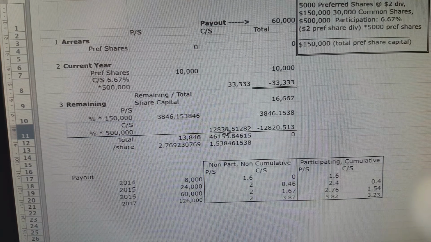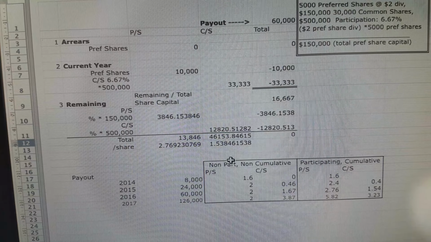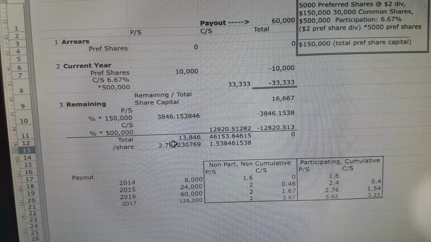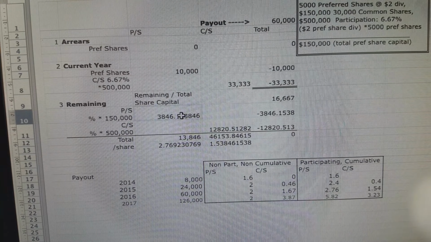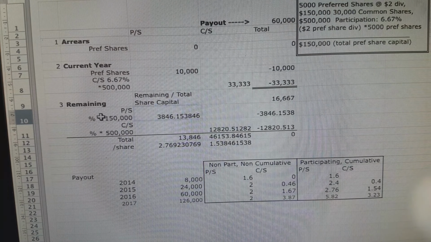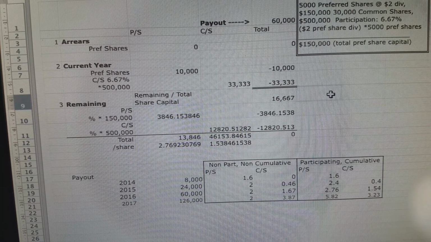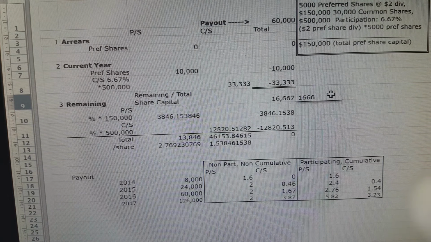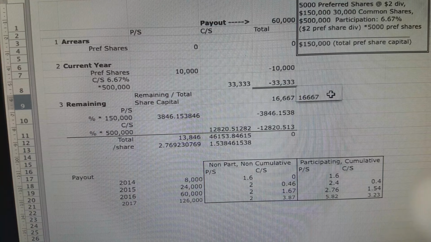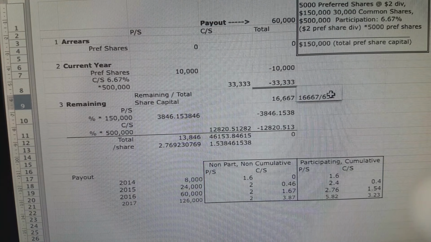So it takes care of this for us, and it comes up with the total amounts with too many decimal places. You can formulate it so that it rounds it up to 2 decimal places, and then you go ahead and slot those in. So this number right here is the participation rate, which is 16,667 divided by total share capital.